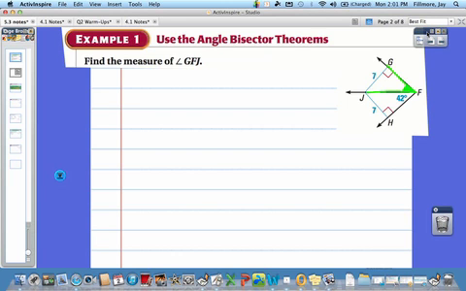Well, we know that J is on this ray here, and J is equidistant from the two sides because they're both 7, and yes, we're measuring this perpendicularly. So that means that FJ is our angle bisector. So my reasoning is that J is equidistant from the sides.